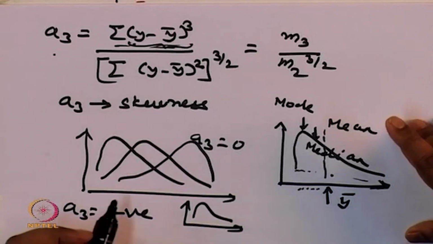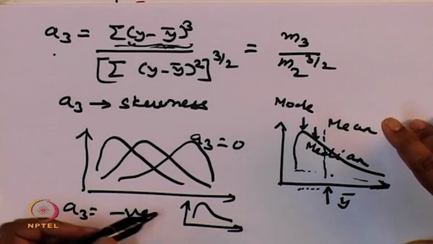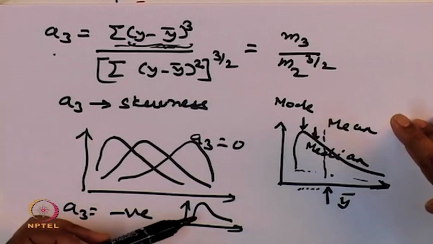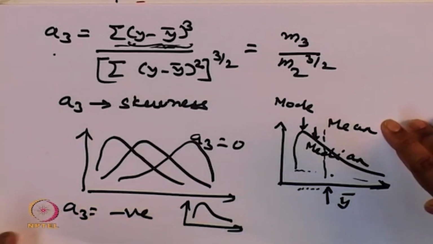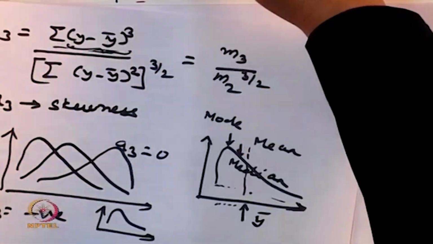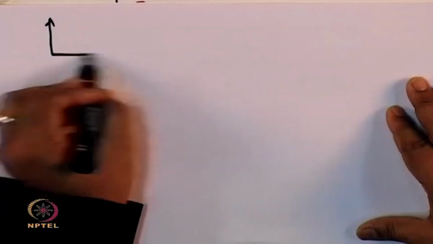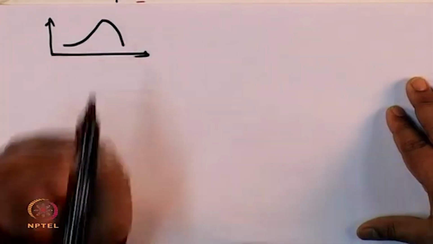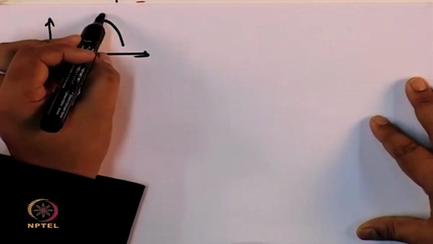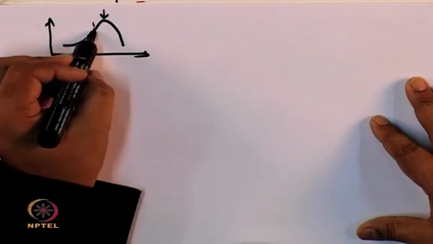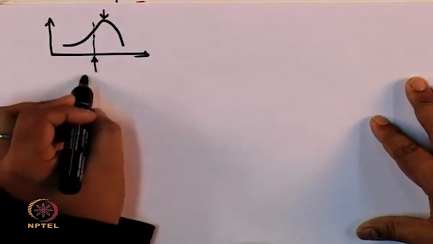We will do one sample calculation to see whether what we think remains like that. In the other case, if it is skewed in the other direction, if you have a distribution like this, this is your mode, and here is where your mean will lie.